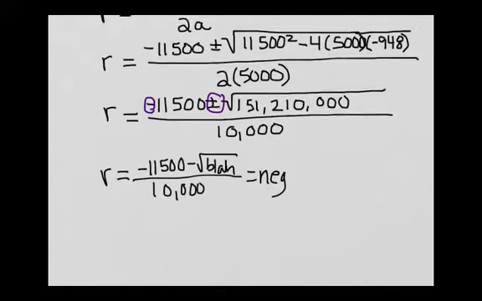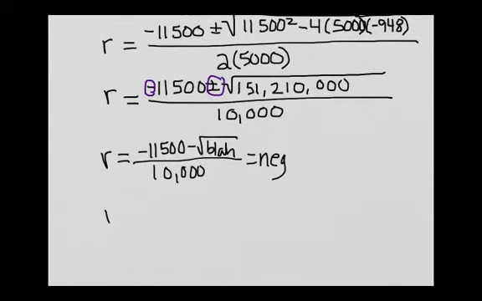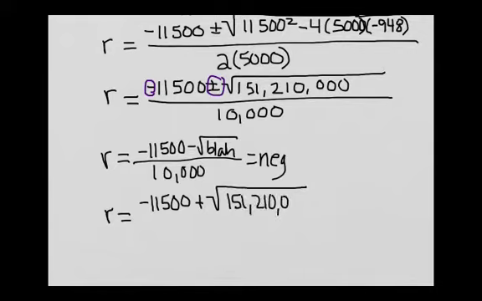So we're going to be able to ignore that result. And instead, the one that's going to give us the value that we're interested in is going to be negative 11,500 plus the square root of 151,210,000 divided by 10,000. So just be a little bit careful when you put this in on your calculator. Make sure you put parentheses around the numerator.